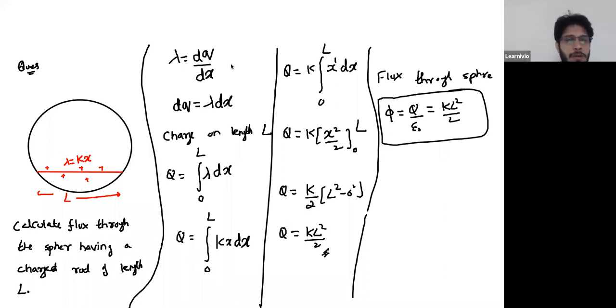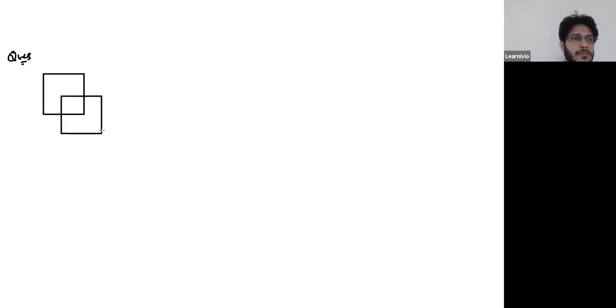So done. Shall I move on? There are a few more questions on Gauss law. Like there is one. Say you have a cube. This cube is a closed surface.